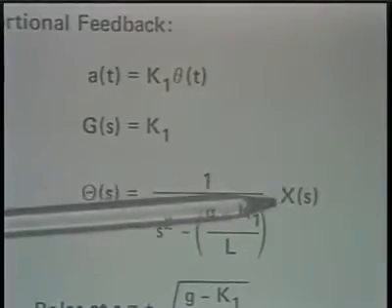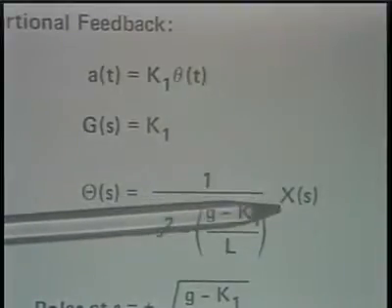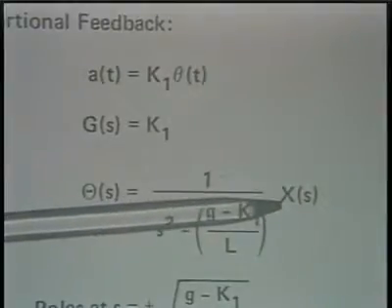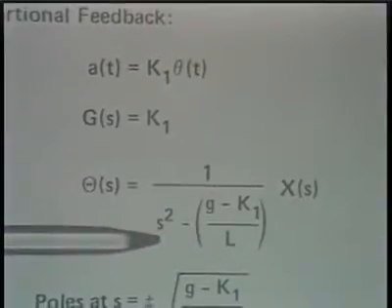And let me remind you that x of t, the external disturbances, now represent the only input, since the other input corresponding to the applied acceleration to the cart is now controlled only through the feedback loop. So we have this system function then for the closed loop system.